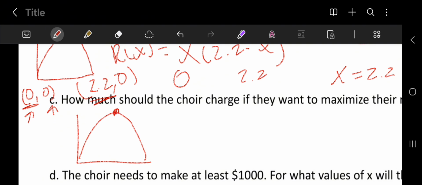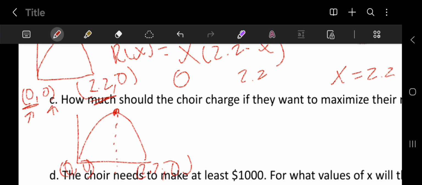And we thankfully already know our two x-intercepts, which are (0, 0) and (2.2, 0). And what we're trying to figure out is our vertex point here, because our vertex point is going to represent our maximum. So the way we can find that is, if you remember, our vertex point for a quadratic function is also the point of symmetry.